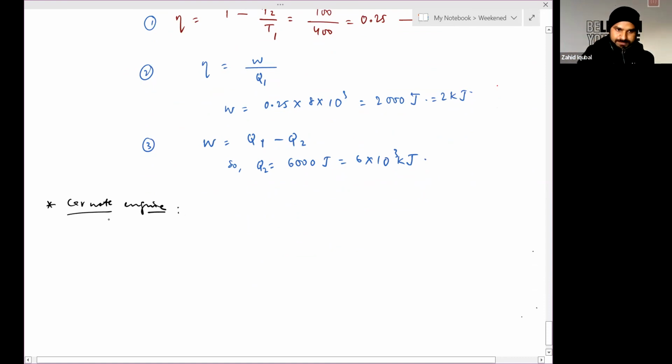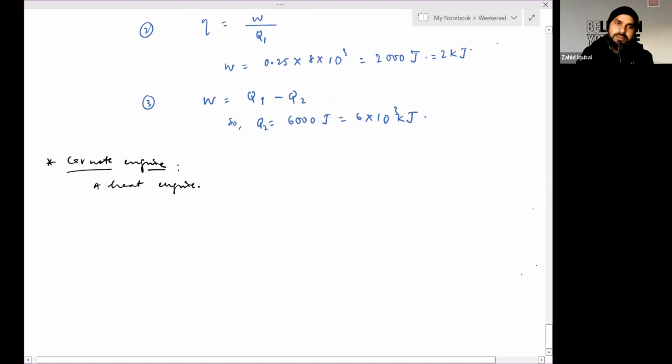So it is also a heat engine. There will be a question either in terms of heat engine or directly in terms of Carnot engine, so don't get confused about these two terms. It is also a heat engine. There will be a question on what condition the efficiency of a heat engine will be maximum.